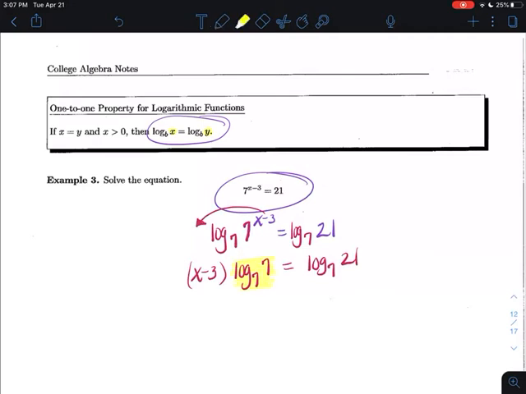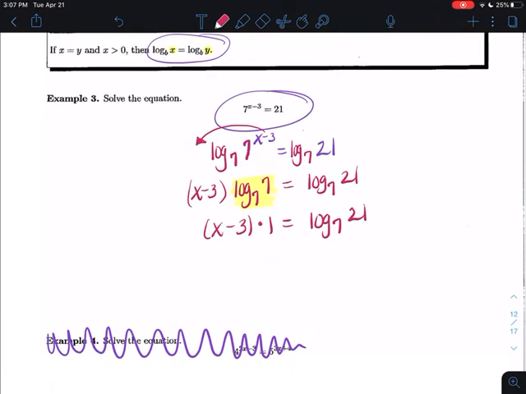Well, log base 7 of 7 is just 1. 7 raised to the first power is 7. So x minus 3, that yellow stuff just becomes times 1. Really, to skip that step, going back, I could use that inverse property. I have a 7 as a base for my log, and I have a 7 as an exponent base. So they cancel each other out, and I'm just left with x minus 3. So you can do it in just one step there.